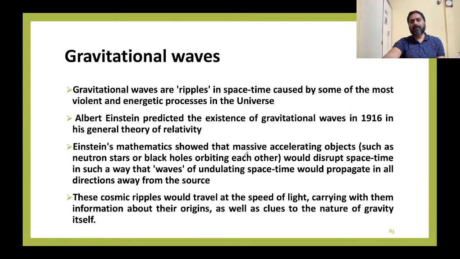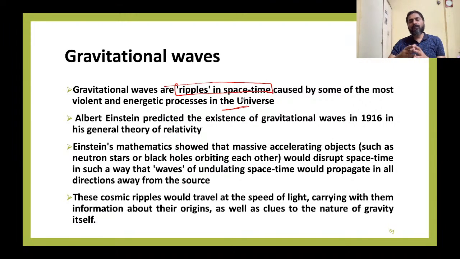So what are gravitational waves? Gravitational waves are ripples in space-time matrix caused by some of the most violent and energetic processes in the universe, like the merger of two black holes or the merger of two neutron stars.